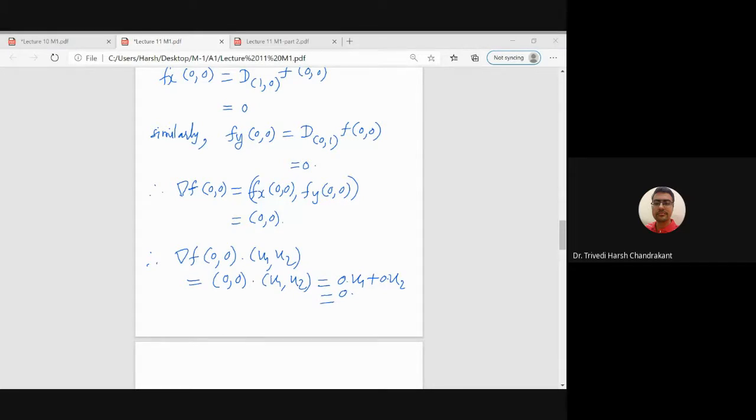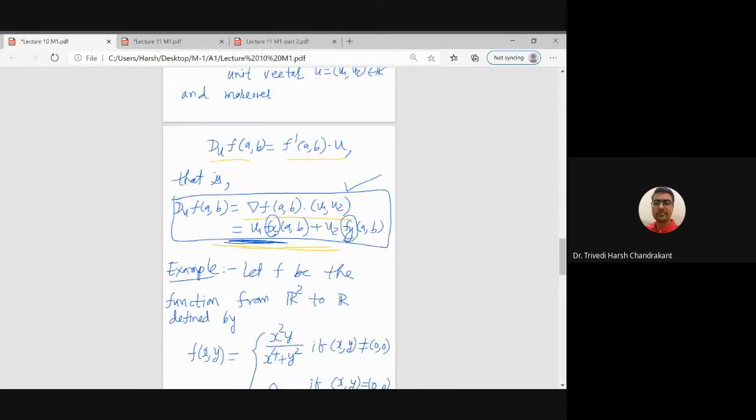For all unit vectors, since the gradient is 0, the product is 0. So the right side of this equation is always 0. The left side, we already found that the directional derivative is 0 for every u, and therefore the equation is satisfied.